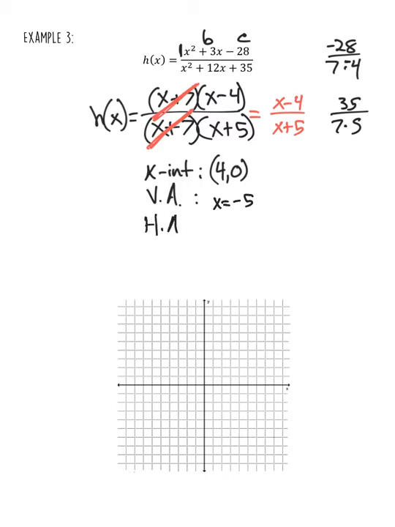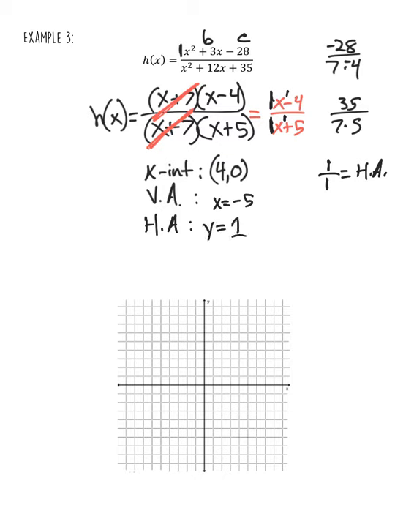The horizontal asymptote I get from looking at the degrees of my variables. They are the same, which means I divide the coefficients to give me my horizontal asymptote. So 1 divided by 1, since my coefficient here is 1 and my coefficient here is 1. If I divide 1 by 1, I get my horizontal asymptote as y equals 1.